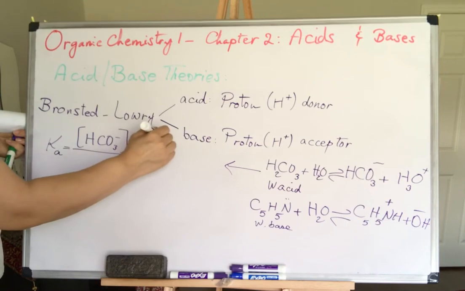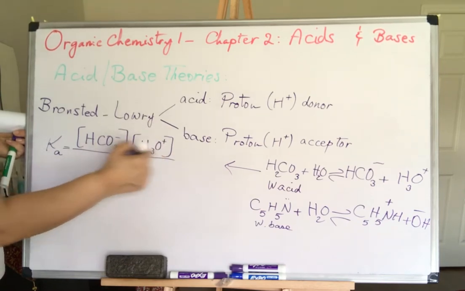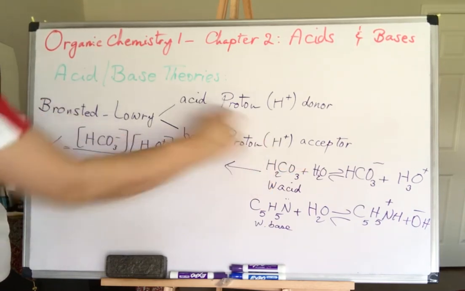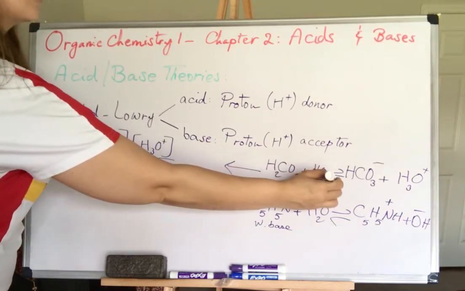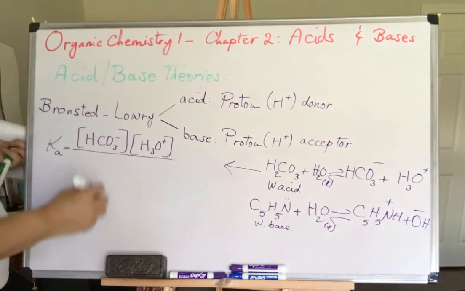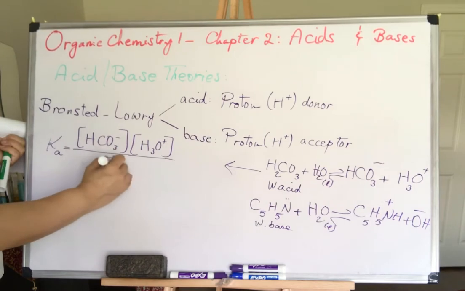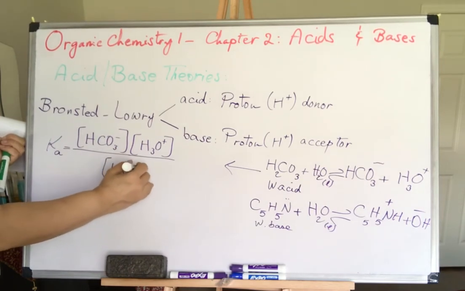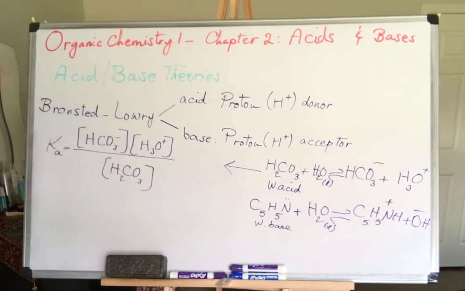The only thing that we do not write in the K equilibrium is what? The liquids, like water, because their concentration does not change. Liquids and solids, we do not mention them.